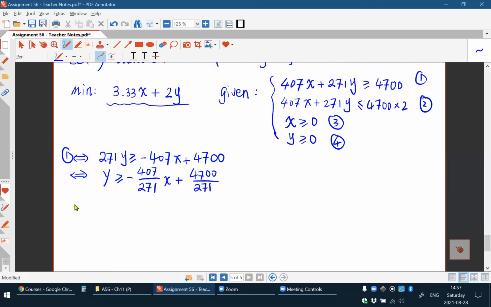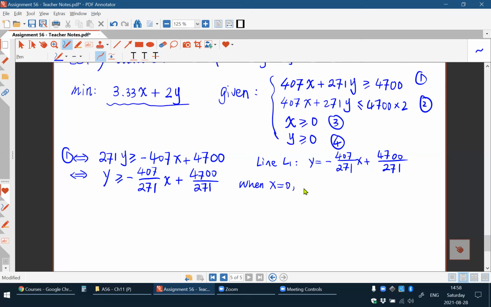And of course, the corresponding line, let's call it L1, is y equals minus 407 over 271x plus 4700 over 271, right? Next, let's determine the x and y intercepts.